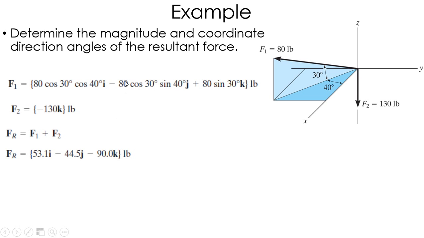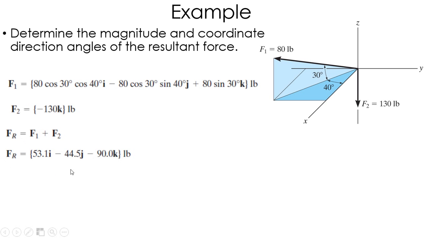Adding up the j components, the 44.5 is simply this because I'm adding it to 0j in F2. And this would be 40 minus 130, which gives me the minus 90 in the k direction. So my resultant force is actually given right here. It's 53.1i minus 44.5j minus 90k.